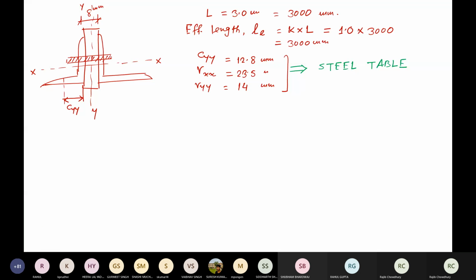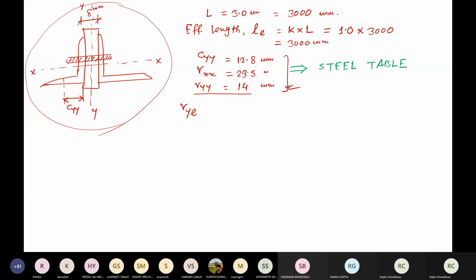Now, with all this information, I will be evaluating, in this particular set of connection or system, the R effective Y, the effective radius of gyration, because ultimately this is the radius of gyration about YY for an individual angle.